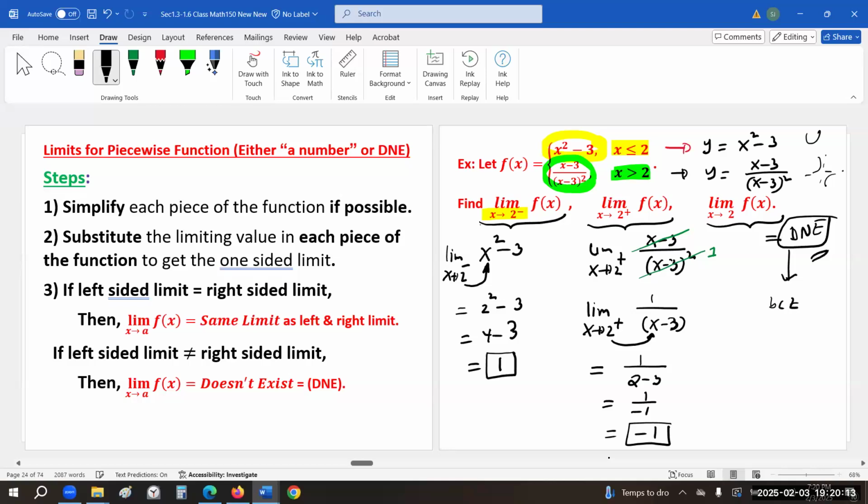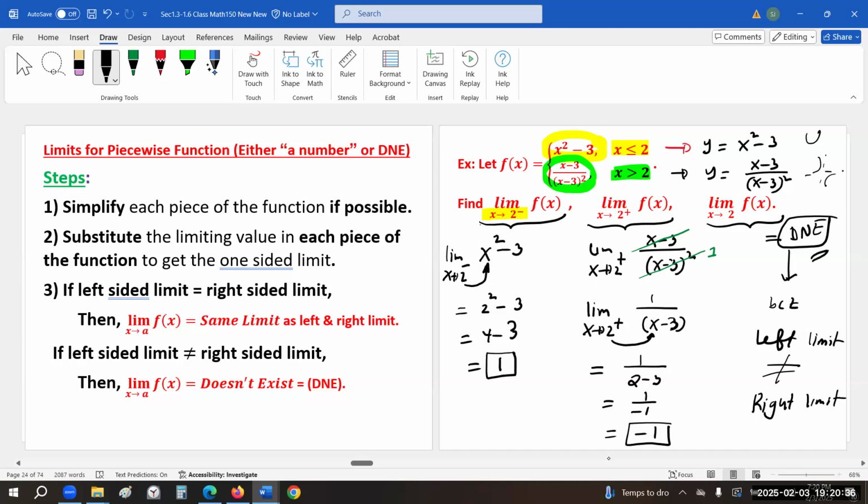Because the left limit is not the same as the right limit. So the rule applies the same. There's a jump, that's why. The same rule applies: we look at the left limit and right limit. If they are the same, the limit is that value.